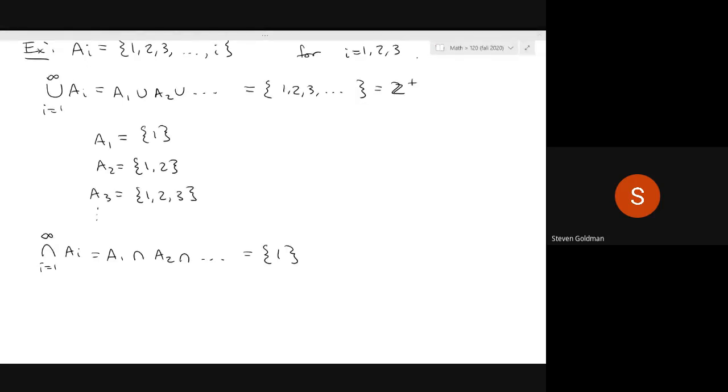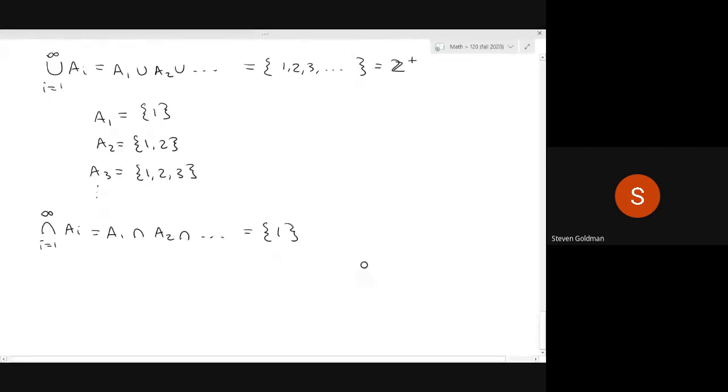All right. Okay, so no, we're not finished yet. We're now going to move on to functions in section 2.3. We're going to begin our discussion of functions today.